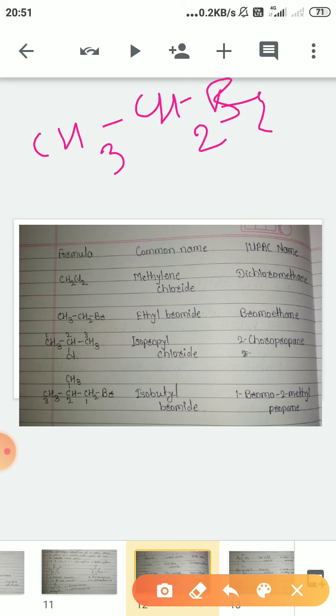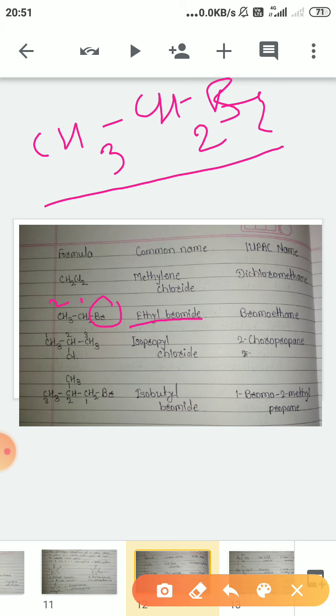CH3CH2Br. The common name for this compound is ethyl bromide, as it contains 2 carbon atoms, which means an ethyl group, and it contains bromine, therefore bromide in the common name system.